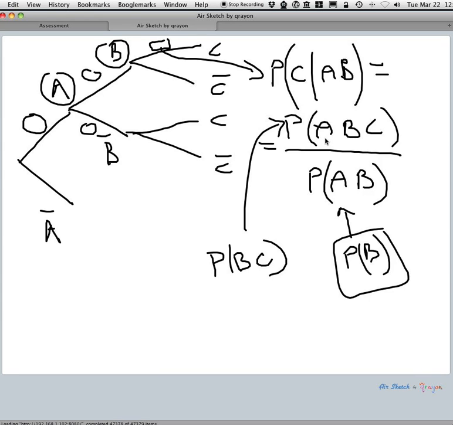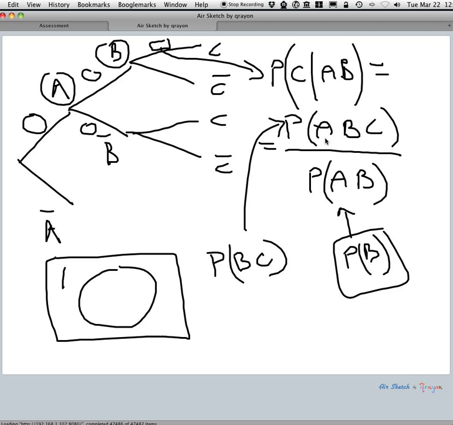Why? Because we have, this is the sample space, this is A, and this is B, and this is C. Sorry for the writing, it is quite small on the screen. Now the intersection between A, B, and C is the common part to all of these three subsets.